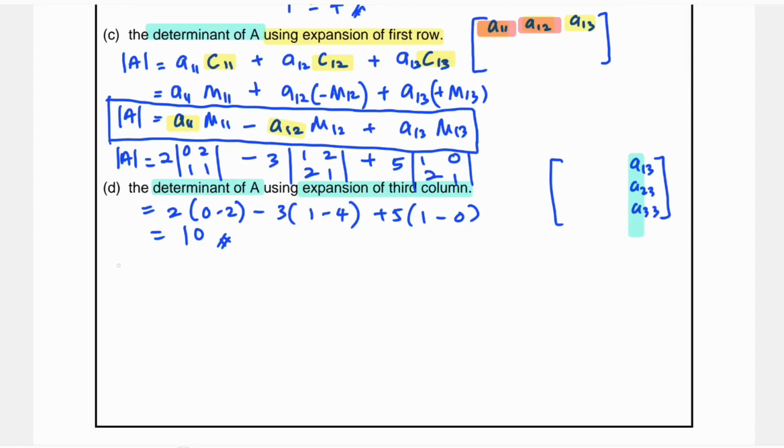So the determinant of A equals the entries multiplied with its cofactor. It means that A13 multiplied with C13 plus A23 multiplied with C23 plus A33 multiplied with C33.